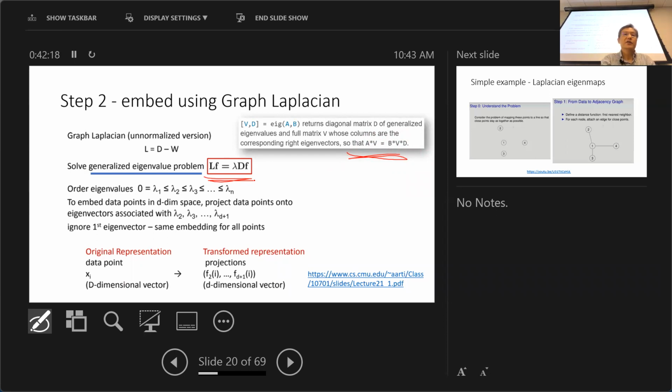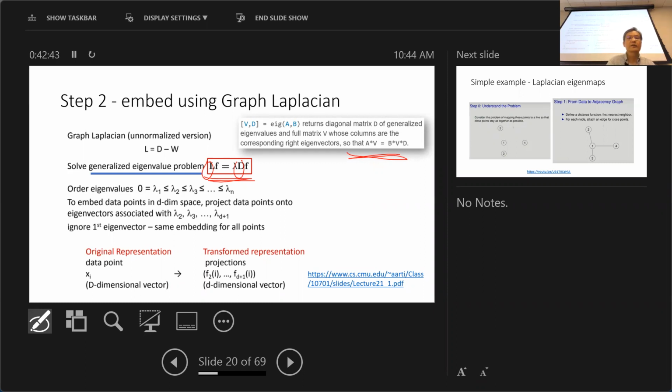So the information we use includes the Laplacian matrix and the degree matrix. The degree matrix tells you the connectivity for each of the nodes in the graph, while the L matrix contains information between nodes.